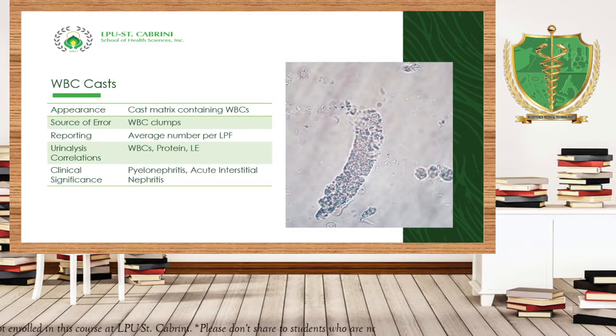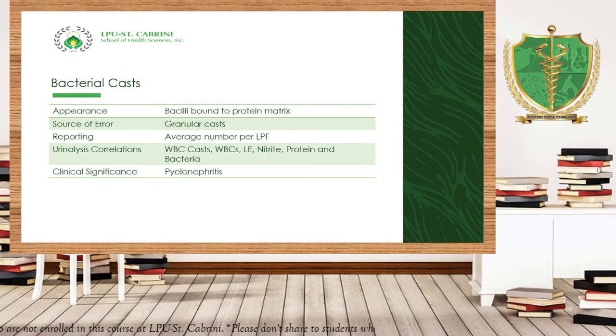We have here the WBC cast, as well as your RBC cast. Its source of error is the WBC clump. Okay, and it is clinically significant with pyelonephritis and acute interstitial nephritis. For bacterial cast, that is sometimes mistaken for granular cast. The urinalysis correlation is WBC, leukocyte esterase, protein, and bacteria.